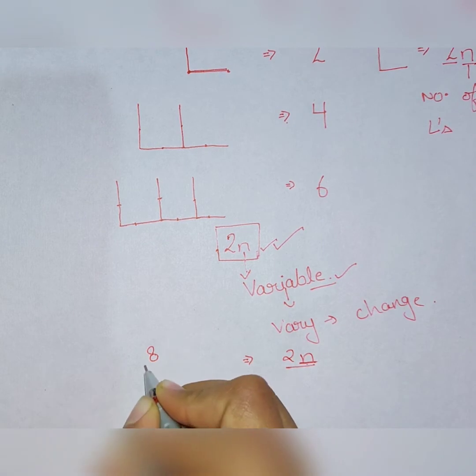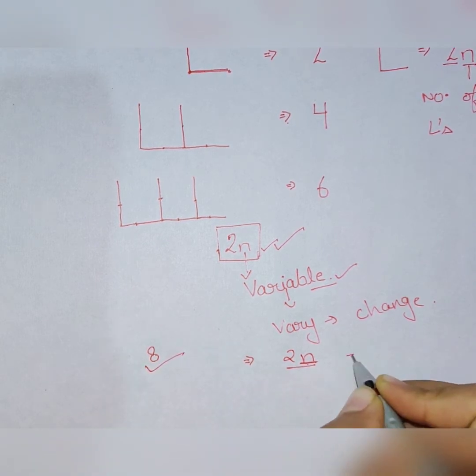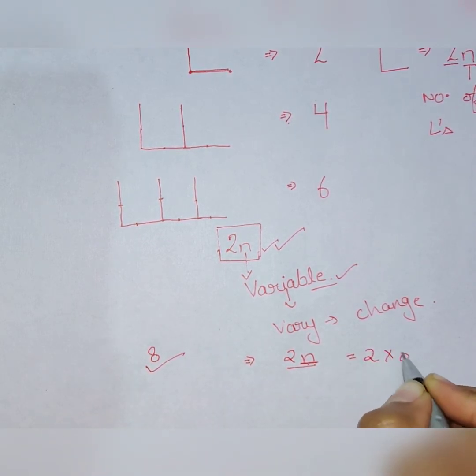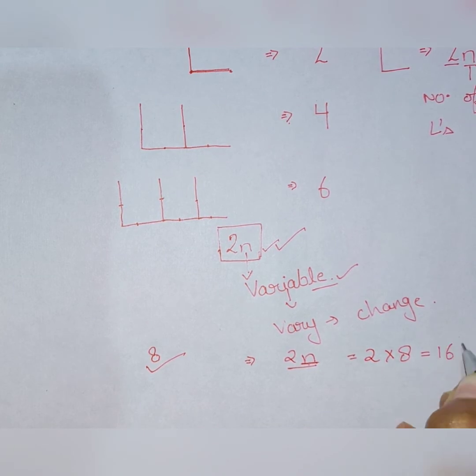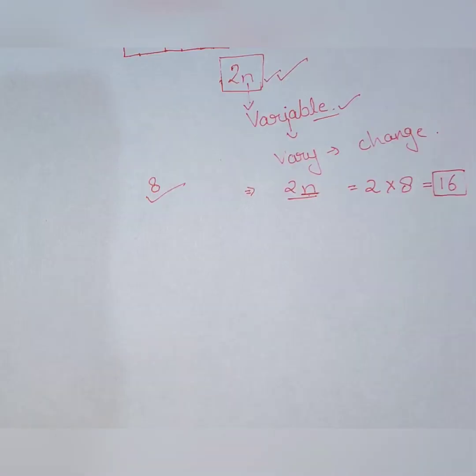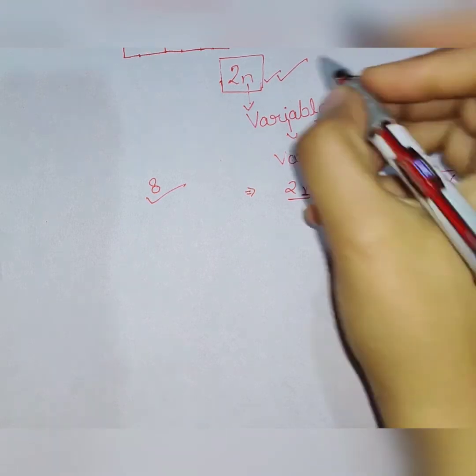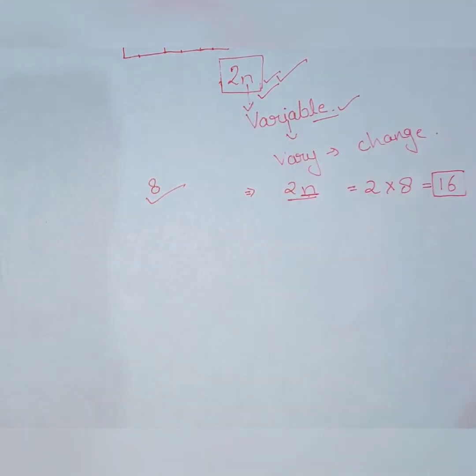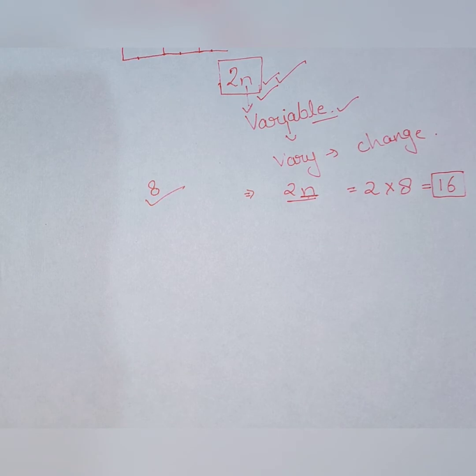So the number of L's here is 8. So 2 into 8 is equal to 16, the number of matchsticks used in making the pattern which consists of 8L. This formula is for making patterns using L. So for L we'll use the formula 2n.